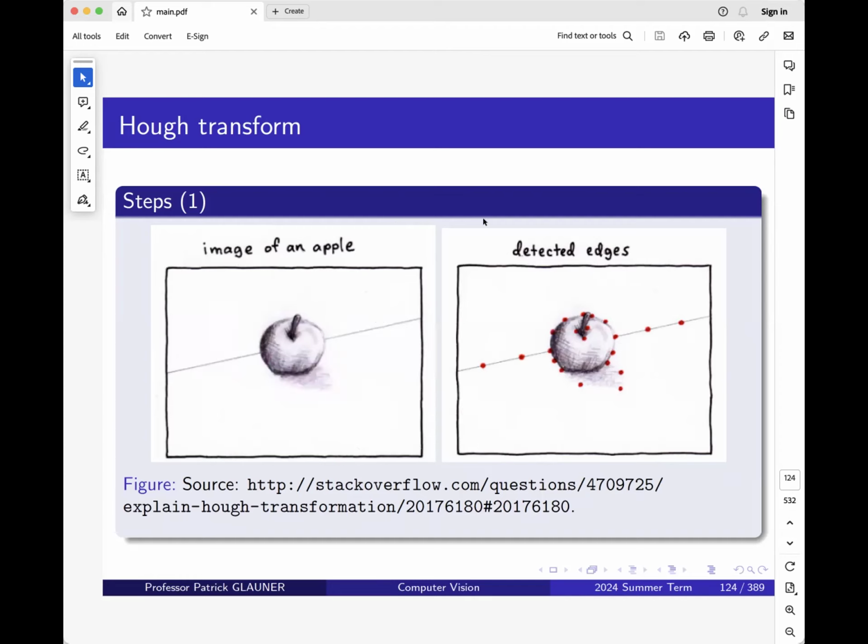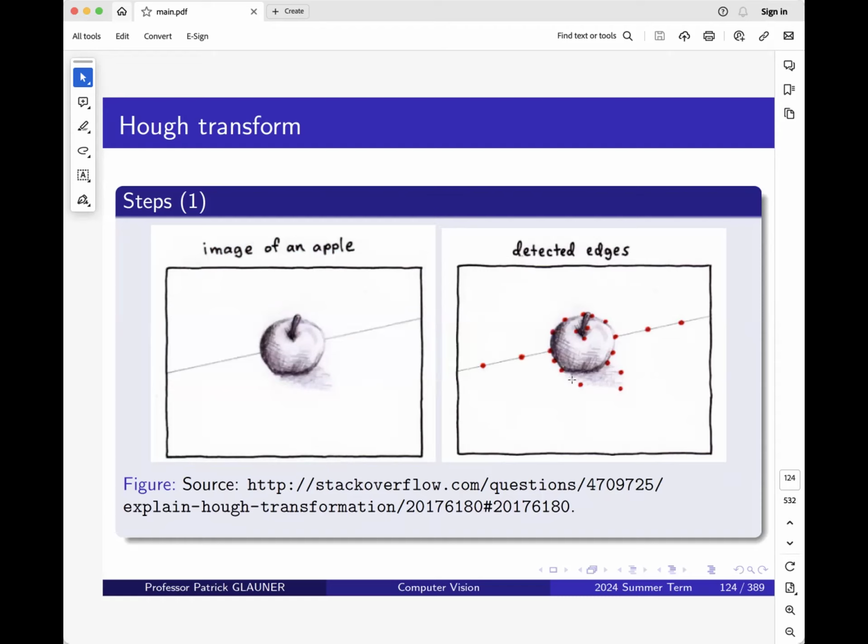Now I want to find the straight line. This will probably be quite difficult with, say, RANSAC, because most pixels in this image are for the apple. The shade also creates a lot of pixels, but there are not that many pixels for my straight line. And the Hough transform allows me to handle this.